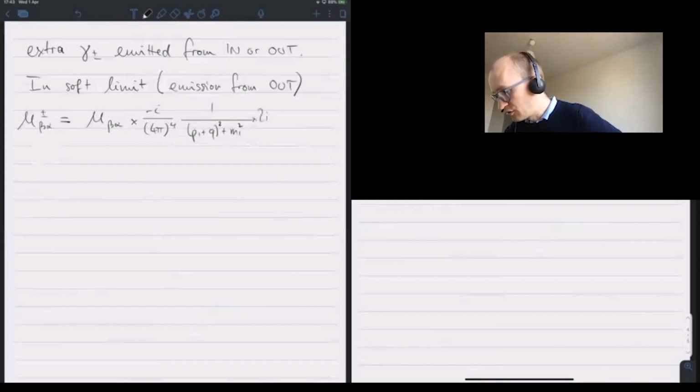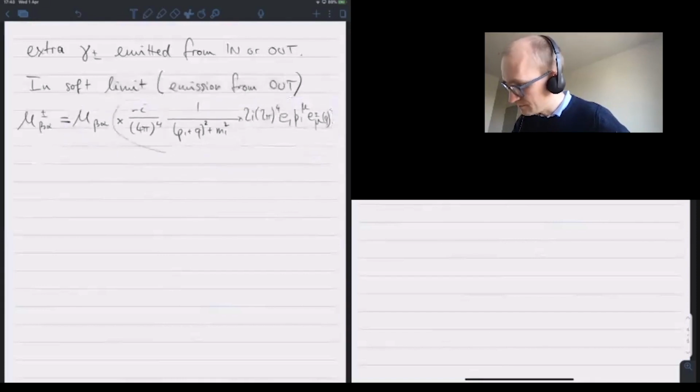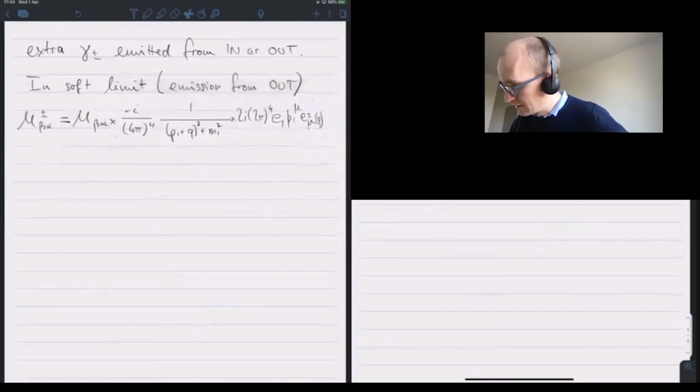We have the 2 pi to the 4th normalization factor, then e1, the charge coupling, times P1 mu into epsilon mu plus or minus of Q, and of course this would be starred, complex conjugated.